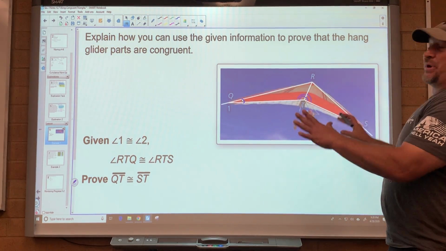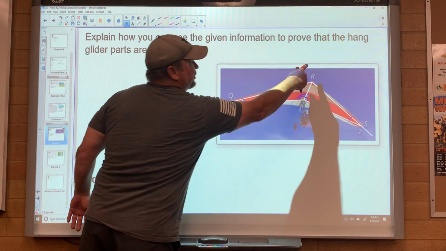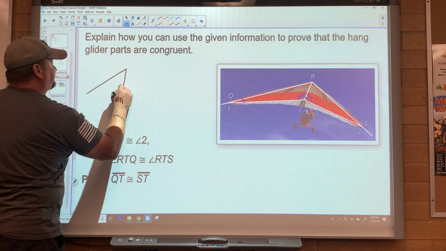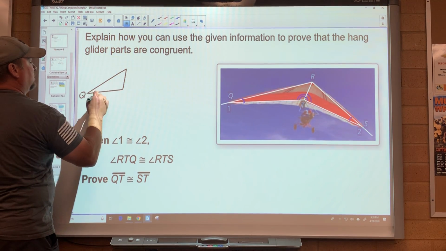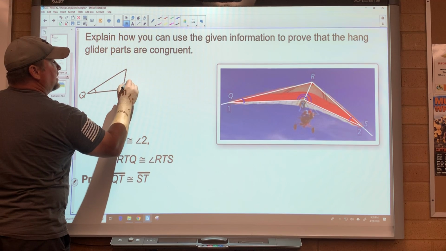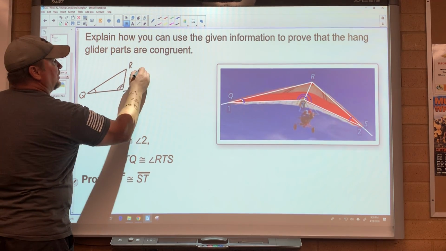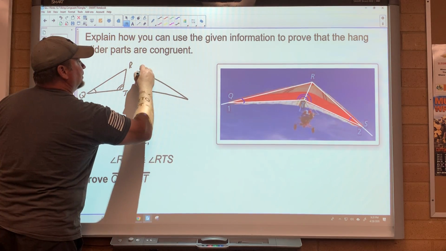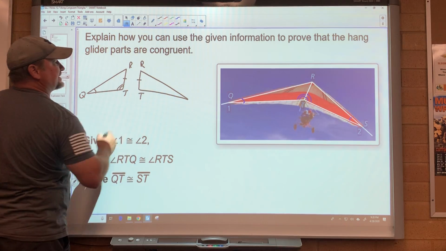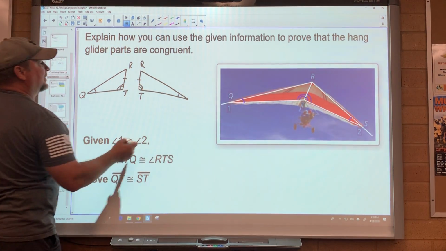Now I'm going to separate the picture, so watch what happens when I separate the picture. Watch what I do with side R to T. So we've got Q, 1 mark. 2 here, and this is T, and this is R. Now watch, I pulled this side apart. So watch, R and T. Now R and T are going to be the exact same, you guys. So I'm going to put 2 marks there because those were the given.